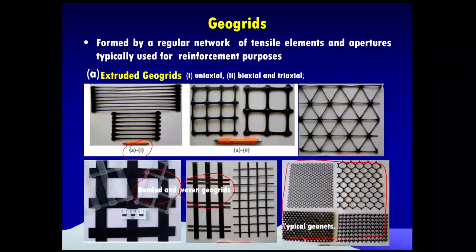If you see figure A, these are extruded geogrids: this is a uniaxial, this is a biaxial, and this is a triaxial, three-dimensional geogrid. Whereas this is the bonded one, bonded meaning the welded one, and this is also a kind of woven geotextile.